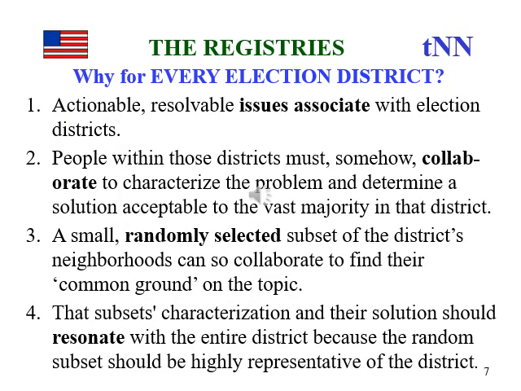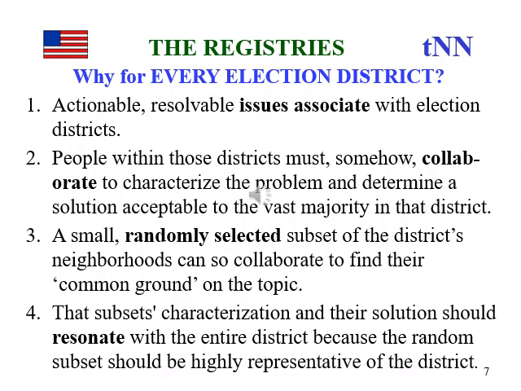Why for every election district? 1. Actionable, resolvable issues are associated with election districts. 2. People within those districts must somehow collaborate to characterize the problem and determine a solution acceptable to the vast majority in that district. 3.